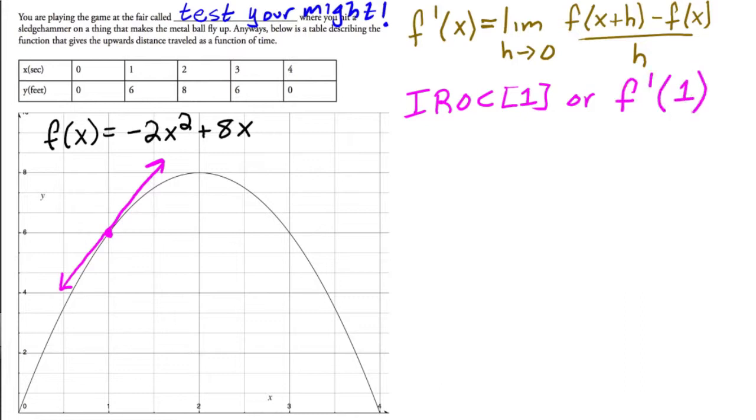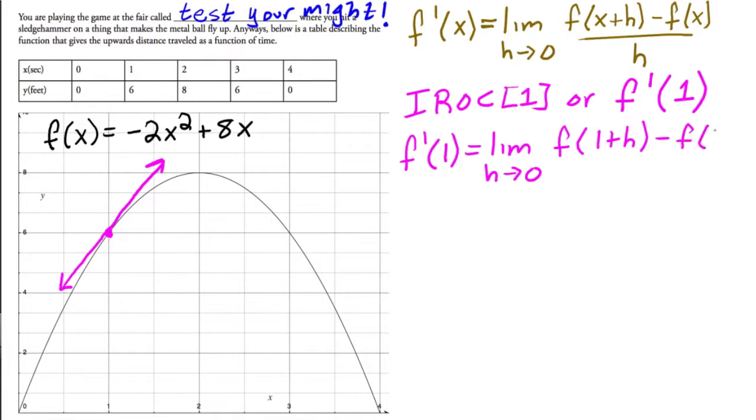So this is also known as the derivative of the function f at 1. So f prime at 1 is equal to the limit as h approaches 0 of f of 1 plus h minus f of 1 all over h.